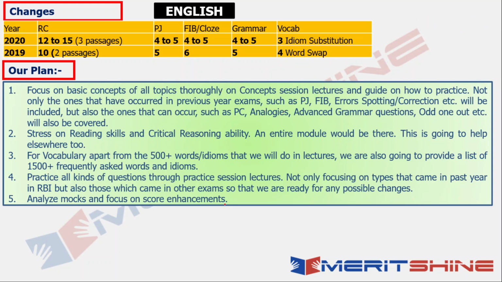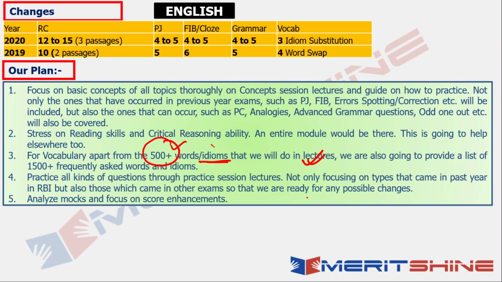Next, for vocabulary, what we are planning is that we would be doing 500 odd words or idioms in lectures only. Inside lectures, I'll teach you 500 plus words through synonyms, antonyms, and associations.